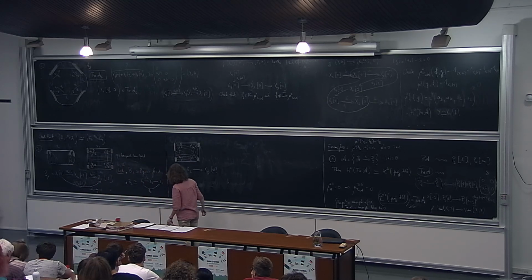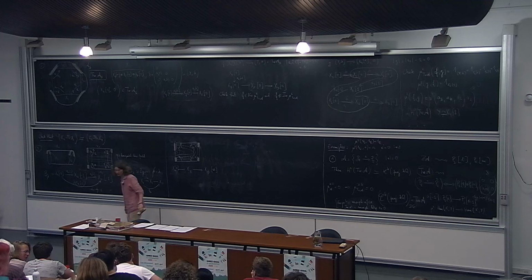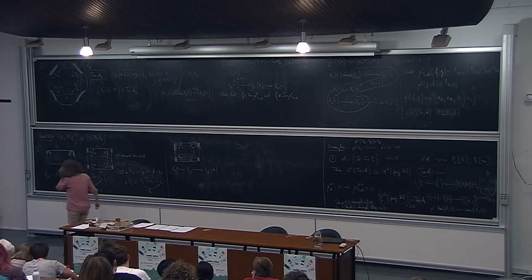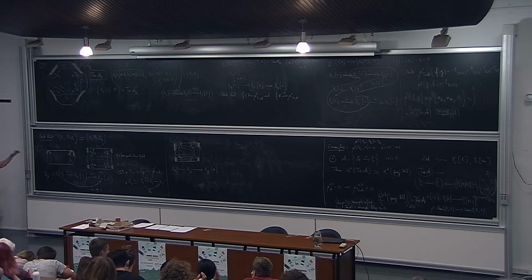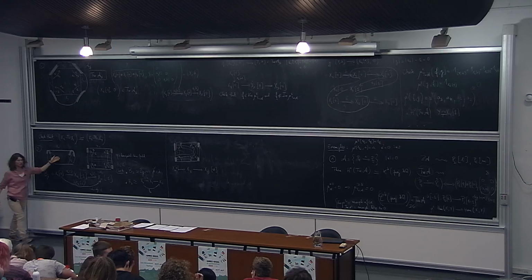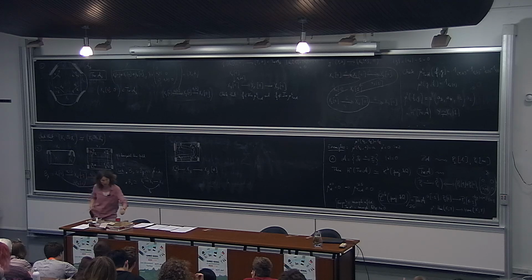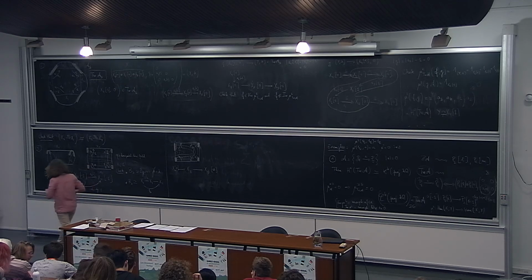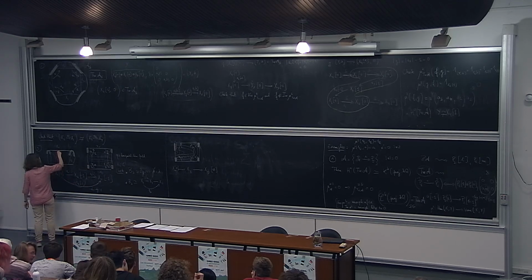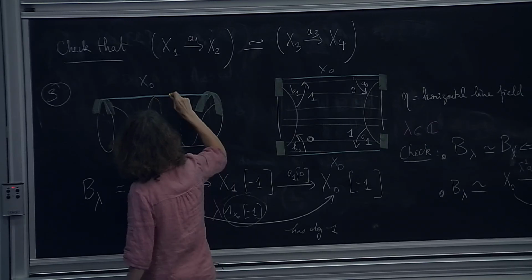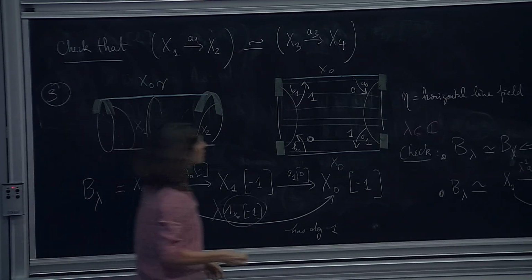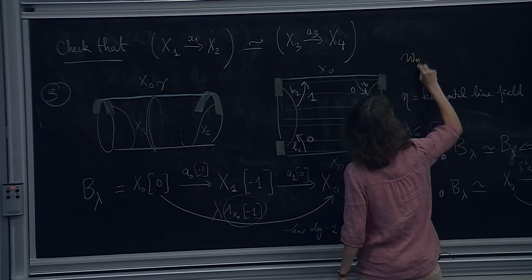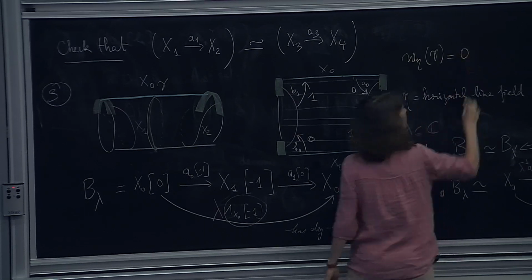What you can check here is a case where we have some non-trivial loops, closed curves on this cylinder. So I have some generator of the pi1, and you can check that in this situation the winding number of this is 0.